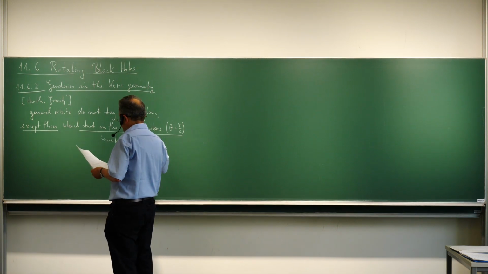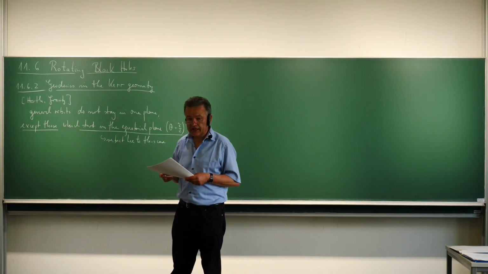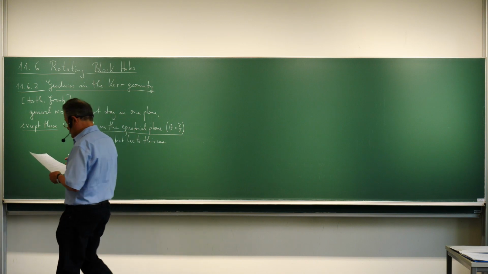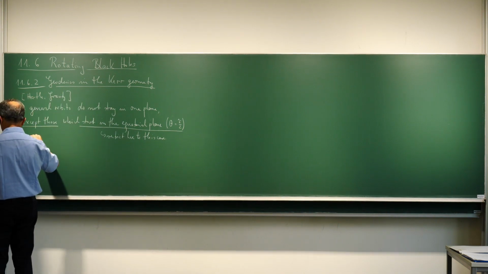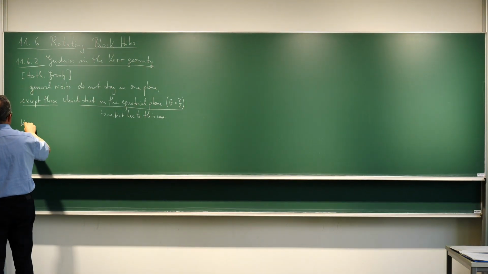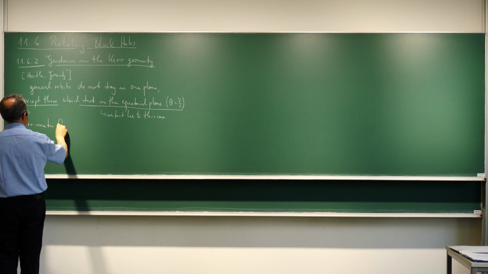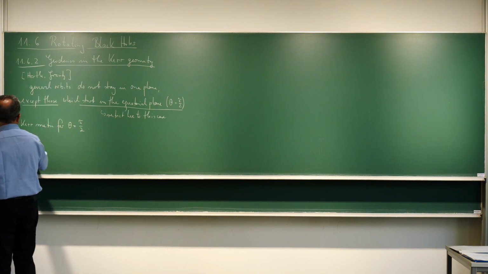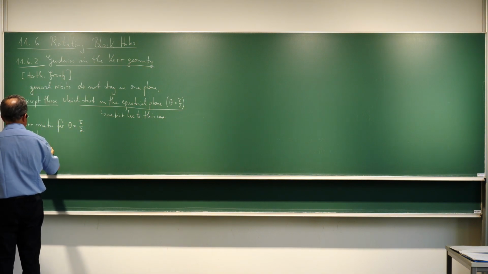Now I do not write down the full Kerr metric again. It was written down last time, but I write down how it looks on the equatorial plane. So, Kerr metric for theta is pi over 2. Then we have the following expression.